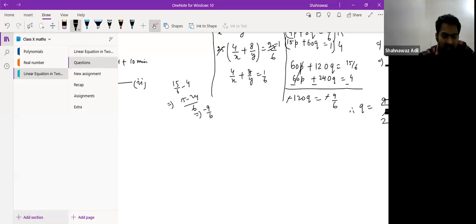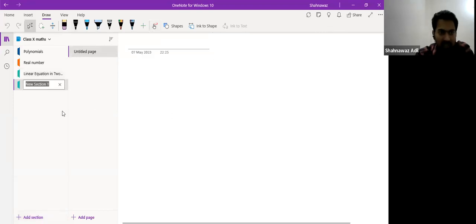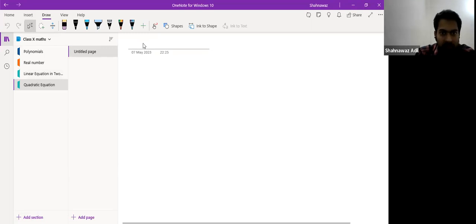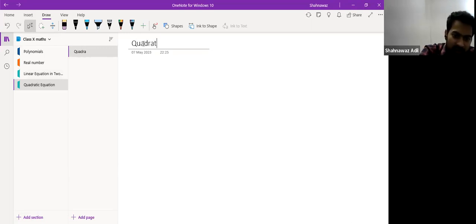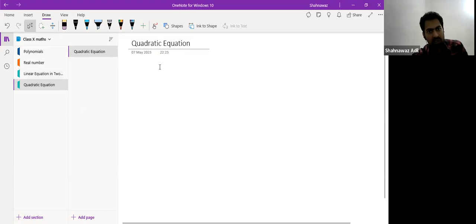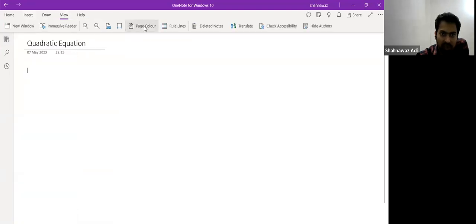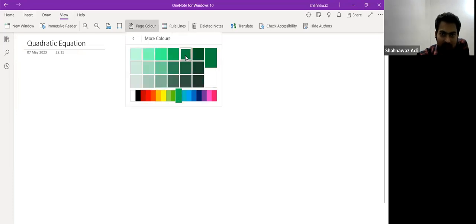Let me add. So this is the quadratic equation, right? As we have only 5 minutes, let us understand what we have studied so far about the quadratic equation in the polynomials, right?